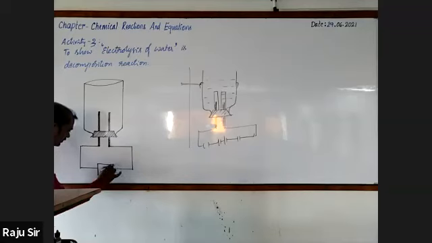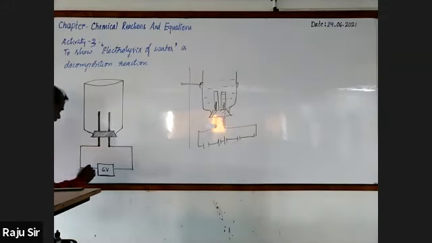This is a battery of about 6 volts, 12 volts. Here I'm writing 6 volt. Let us take this terminal as positive and this terminal as negative, along with a switch.